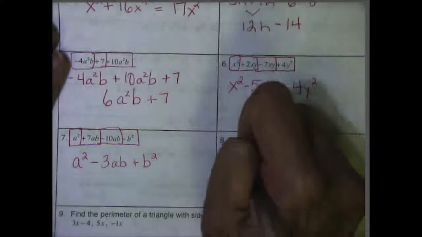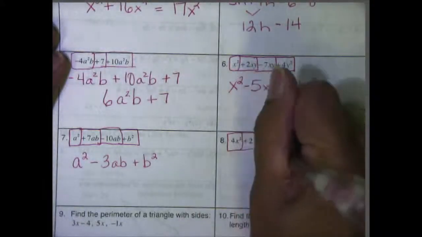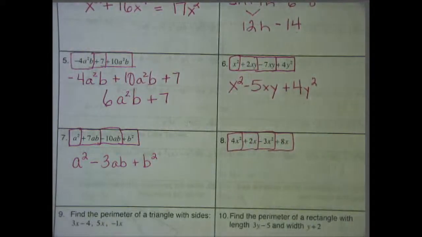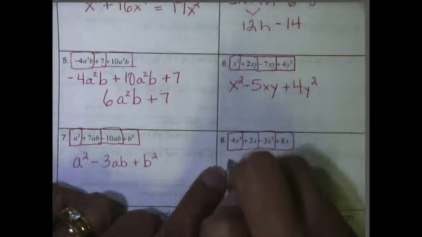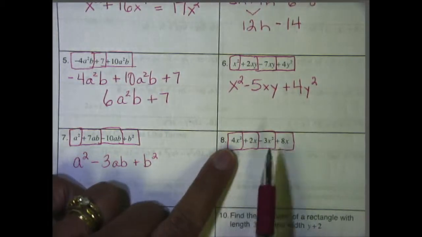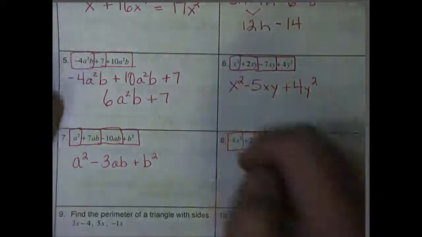Number 8, let's box our terms. 4x squared plus 2x minus 3x squared plus 8x. Now we have some terms that are alike that we can group together. So let's go ahead and put the term with the largest exponent first. That's something that you're going to learn to do as we move into some other lessons in algebra, so we'll just go ahead and start now.